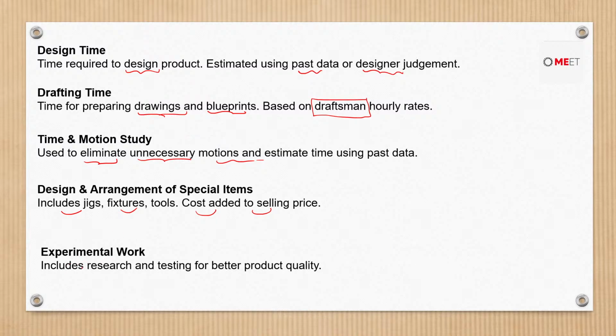Next is experimental work. Any modification that needs to be incorporated or any study that has to be made regarding the process is done through experimental work, that is, through research and testing for getting better product quality.